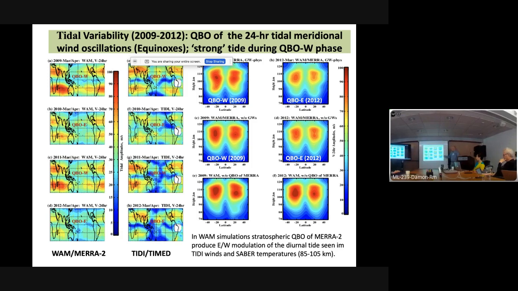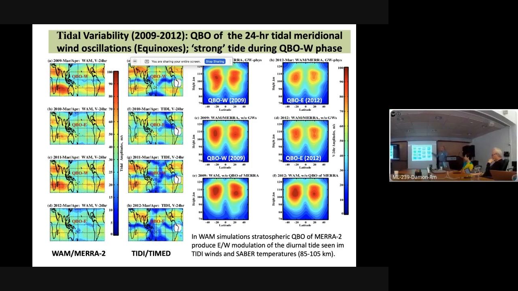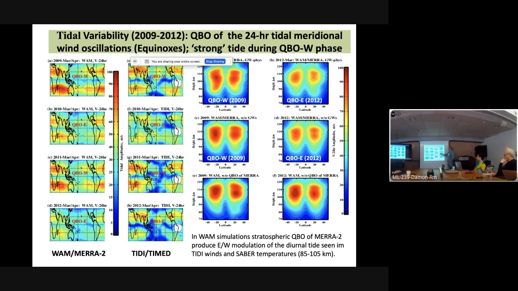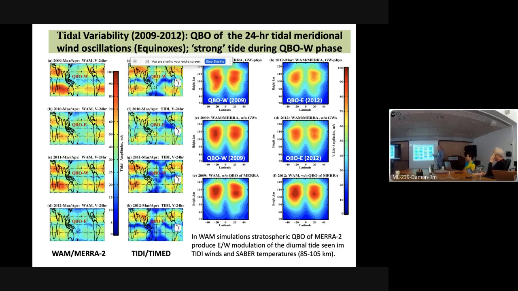So I just did several sets of experiments, trying to understand what kind of mechanisms are responsible for this. First of all, this is basically a run for two years with non-stationary gravity waves. This row shows a run without non-stationary gravity waves.